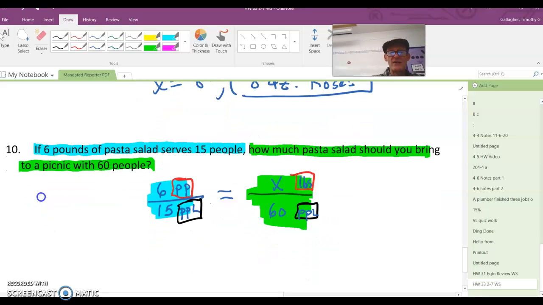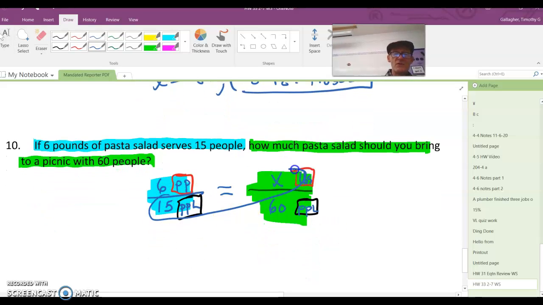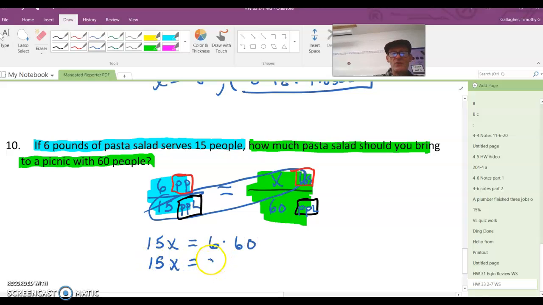All right, so then that's a pretty easy proportion. You're going to solve it using 15x equals 6 times 60, or 15x is equal to 360, and divide by 15 on both sides, and you get x equals 360 divided by 15, 25, 24? 24. No, yeah, 24, so I think so.